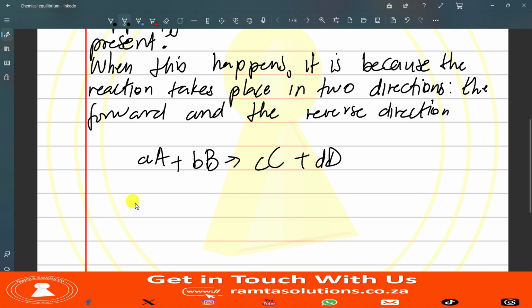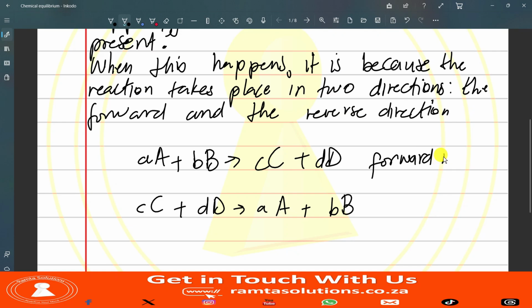And then you can also have this. Now, what do you see? This one here, we call it a forward reaction. This one here, we call it a reverse reaction.